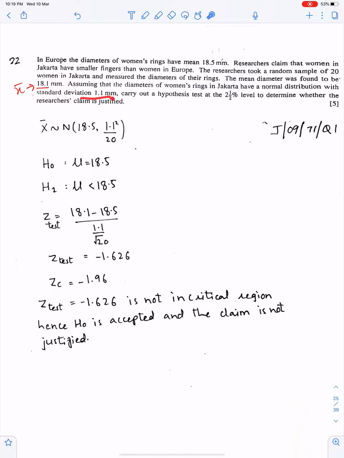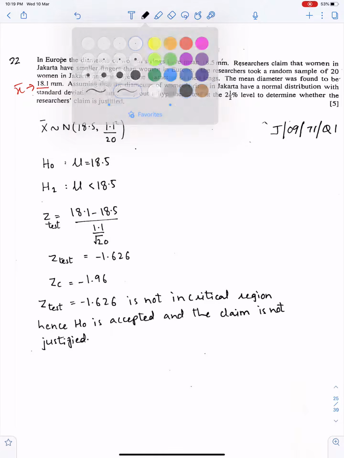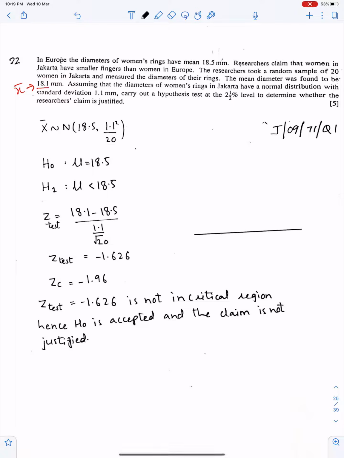And standard deviation is 1.1, and this is 2.5%. The test critical region. This is the level of significance, in fact. This is for your conceptual clarity. This is minus 1.96.